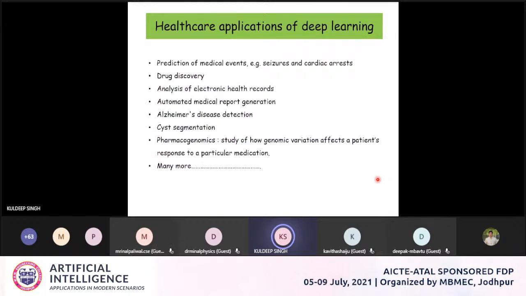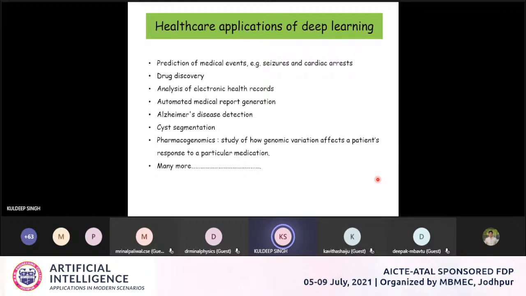And we have other applications too, like prediction of medical events. You must be aware of the epileptic seizure. The EEG modality of a patient can be analyzed to detect the seizure.